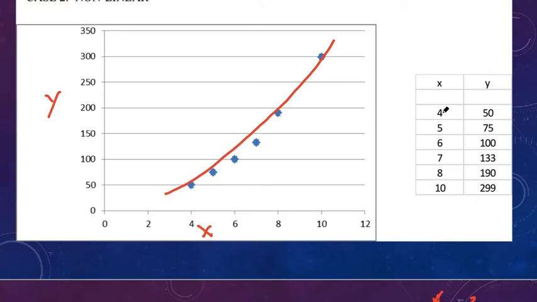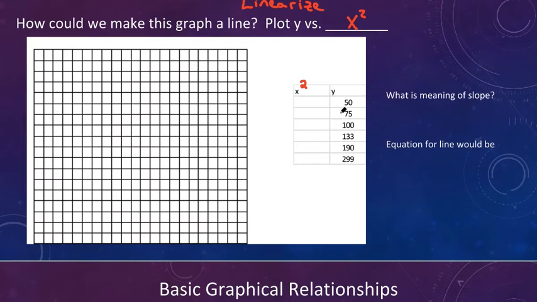What is 4 squared, 5 squared, 6 squared? You should be able to do these relatively easily. 4 squared is 16, 5 squared is 25, 6 squared is 36, 7 squared is 49, 8 squared is 64, and then we had 10 squared, which is 100.